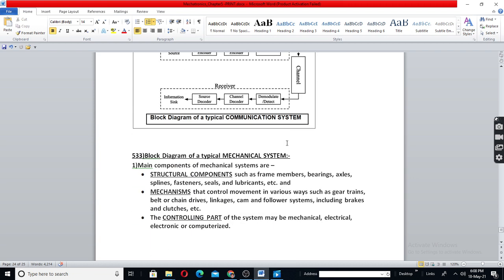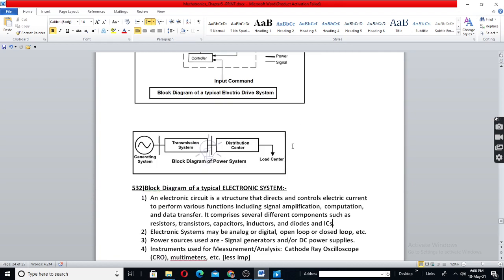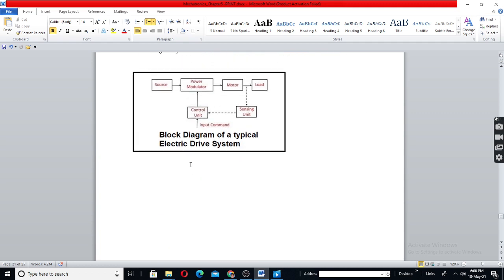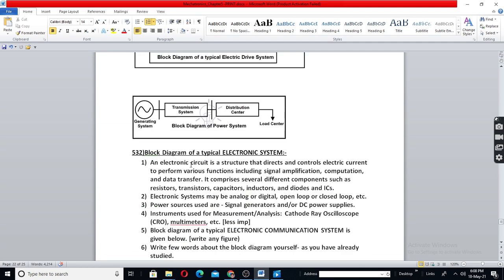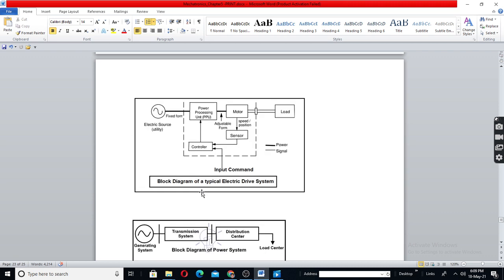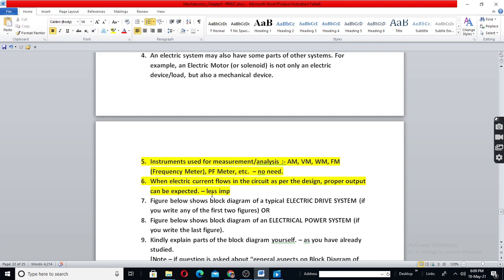Next, a typical mechanical system. See, in an electric system we have power, circuit, and load. In an electronic system, you have power as DC or signal generator, and circuit components, and instruments to measure, such as CRO, multimeters, etc. In electrical, you have measurements as ammeter, voltmeter, wattmeter.